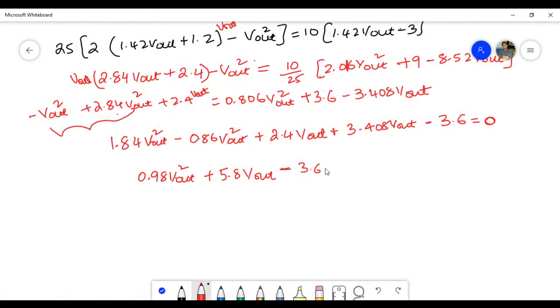So this is equal to 0. Again, what we have: minus b plus or minus the square root of b square minus 4ac, by 2a.